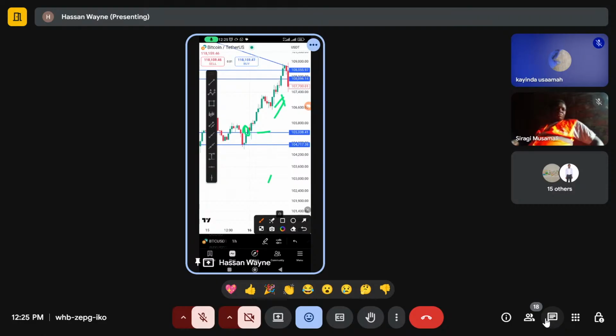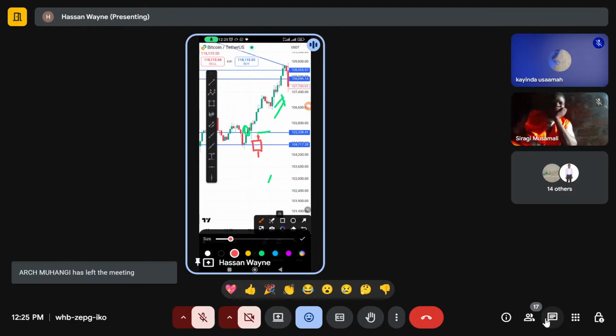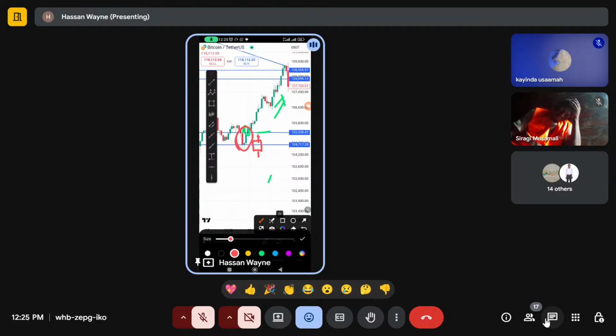So if I get another red candle breaking down to my support, it means this was going to be a false morning star.